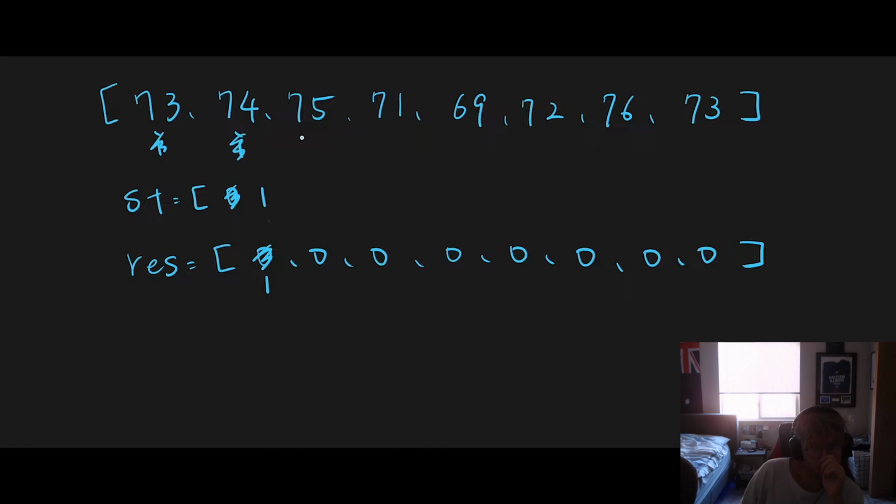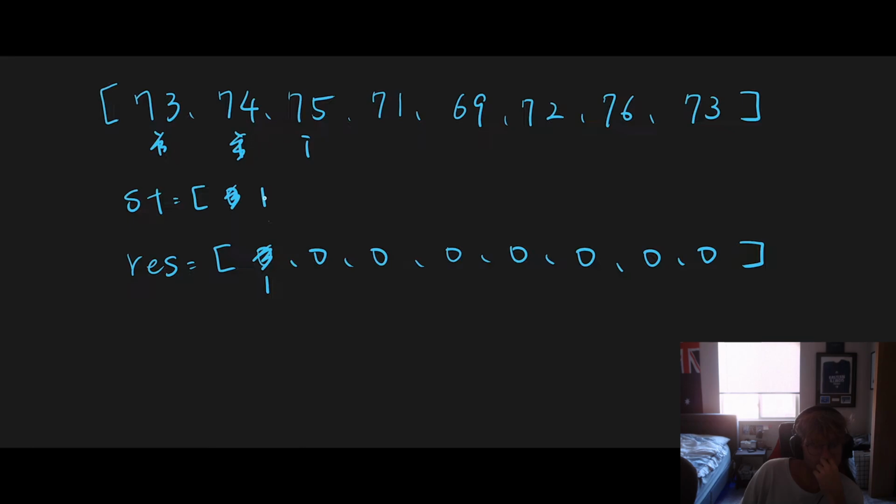And then next, again, we find a 75. So the stack now has data, so it's time to compare temperature. So now 75, and the latest day in the stack is day 1, so 74. So the current temperature is a warmer day, right?